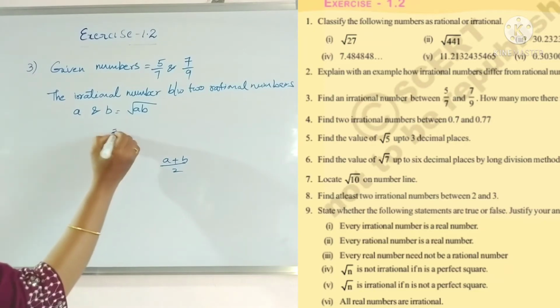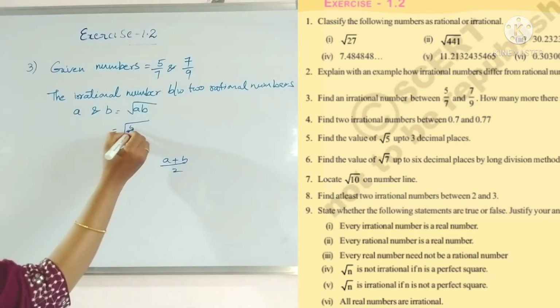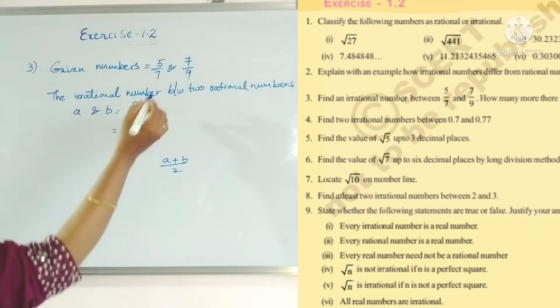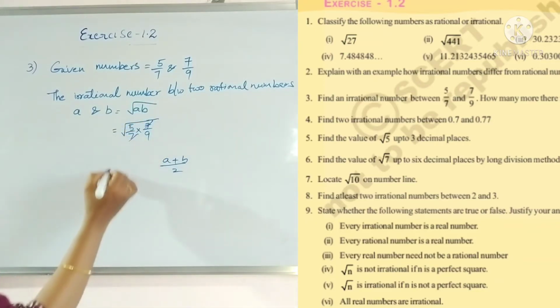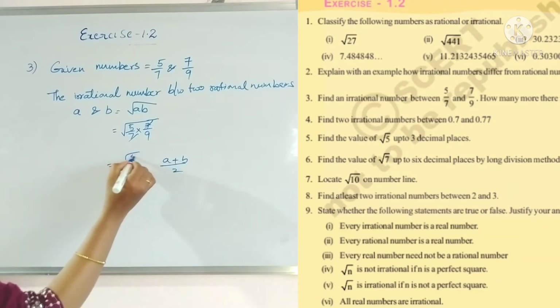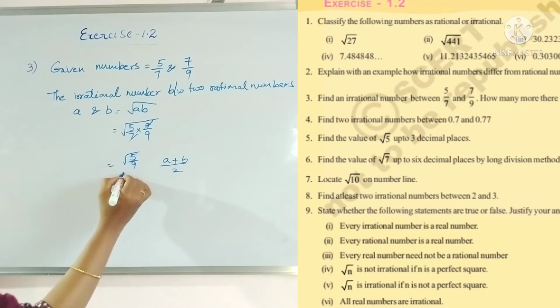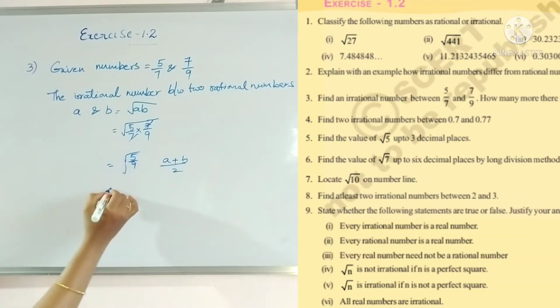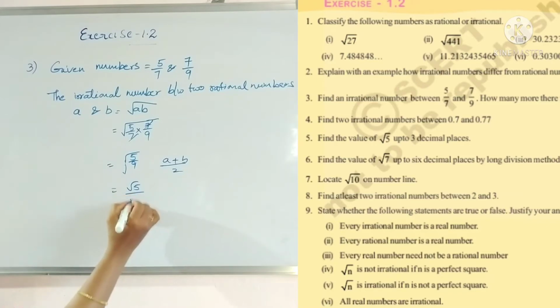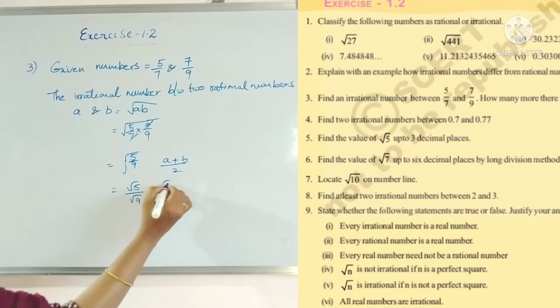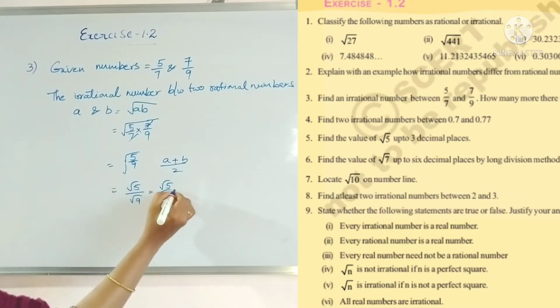So here A is 5 by 7 into B, which is 7 by 9. These 7 and 7 both get cancelled. So remaining is square root of 5 by 9. Square root of A by B means square root of A and square root of B. So root 5 by 3. So what is the irrational number? Root 5 by 3.